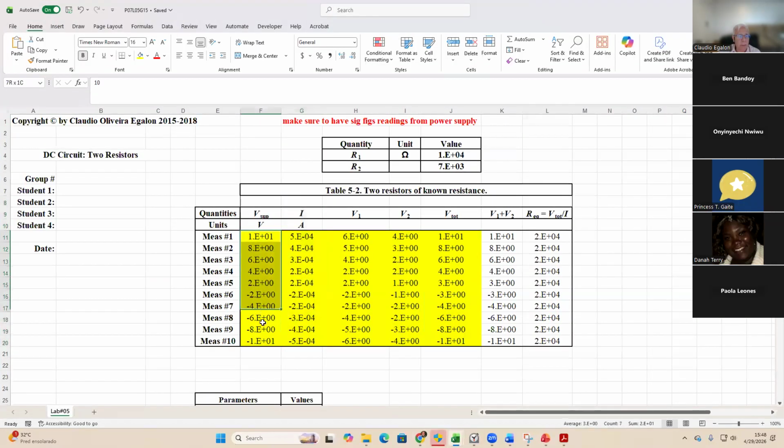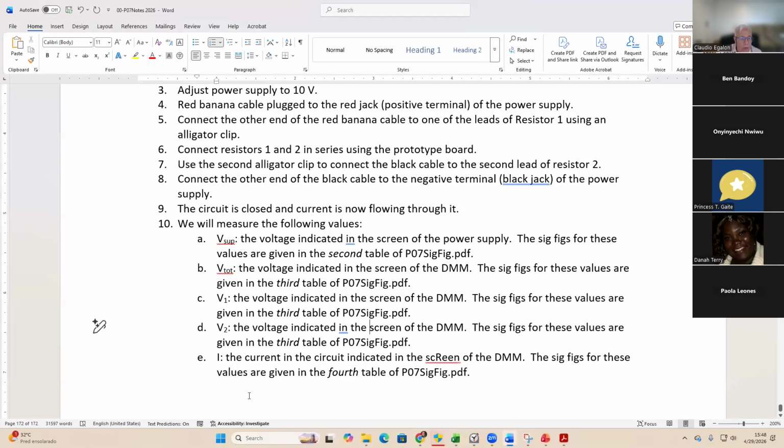We're going to vary the voltage of the power supply. Start with V sub equal to 10 volts.